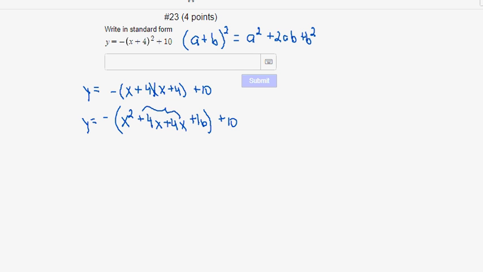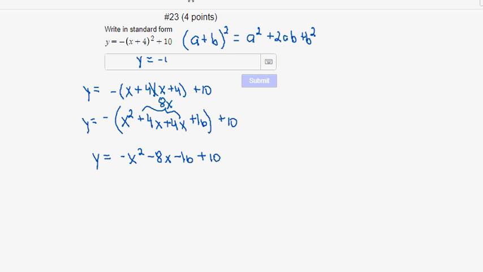That's 2ab, and that's b squared. So once we distribute that negative, y equals negative x squared minus 8x minus 16 plus 10. And I'll go ahead and write the answer up here in the box.